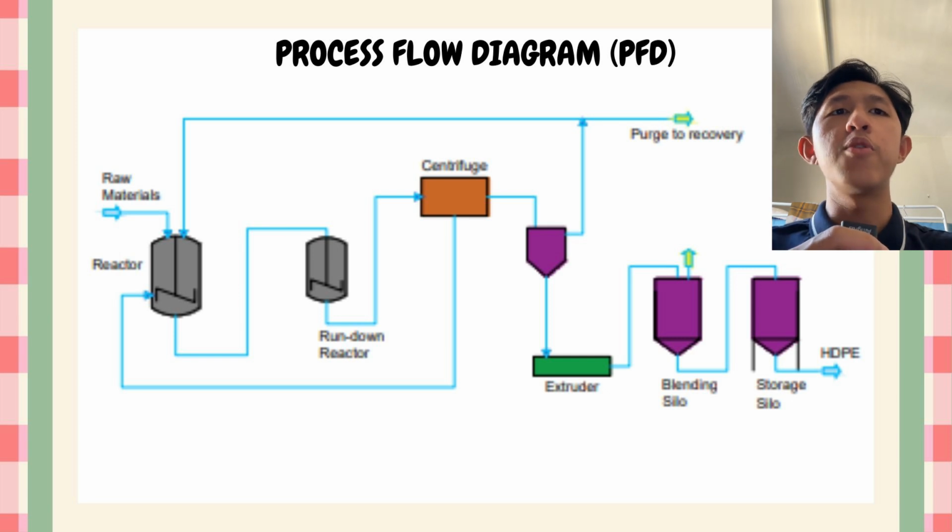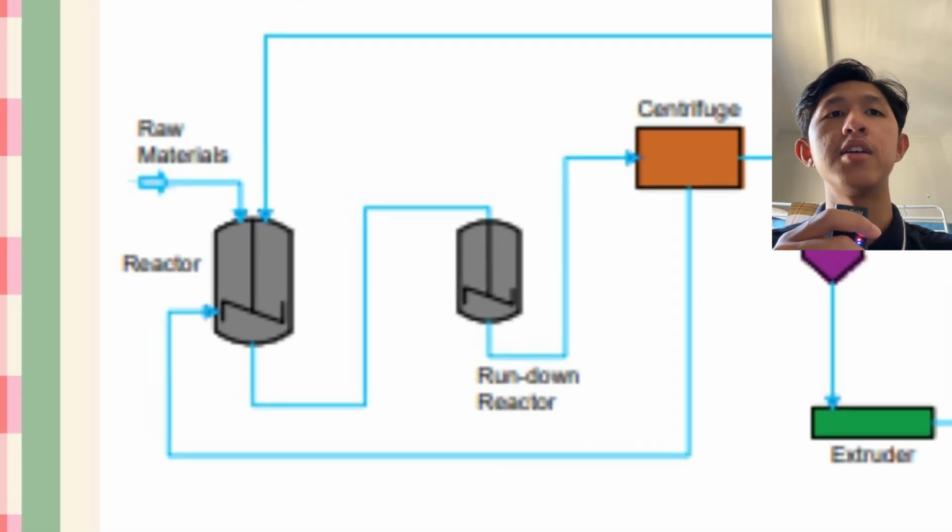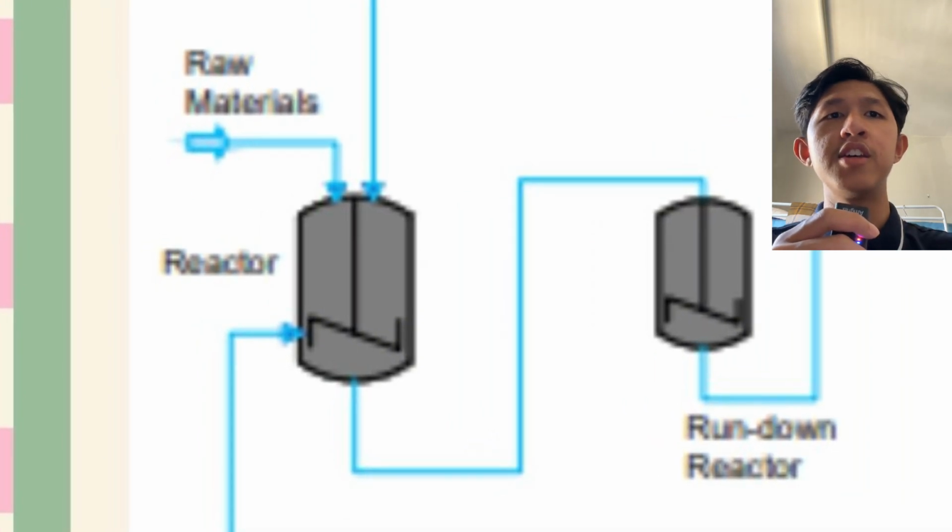Okay, so now I will explain in more detail each of the components of the process. The first component is the reactor. In the production of polyethylene, the reactor is essential for facilitating the polymerization of ethylene monomers, managing heat, ensuring proper mixing, controlling molecular weight, and maintaining safe and efficient operation.